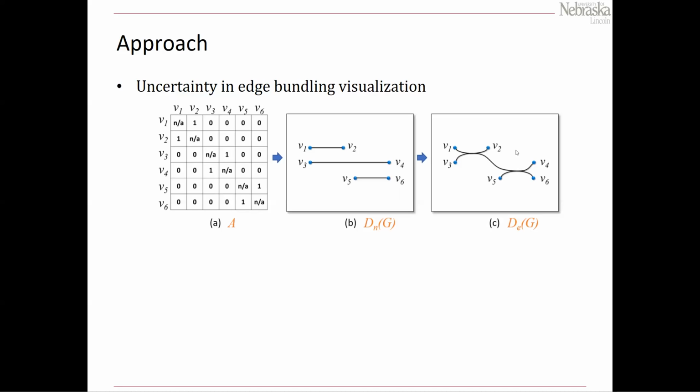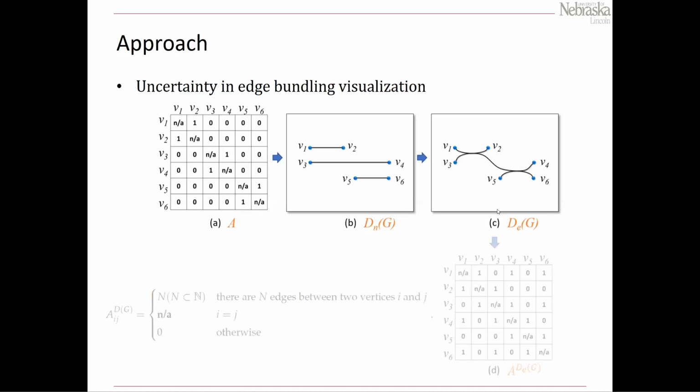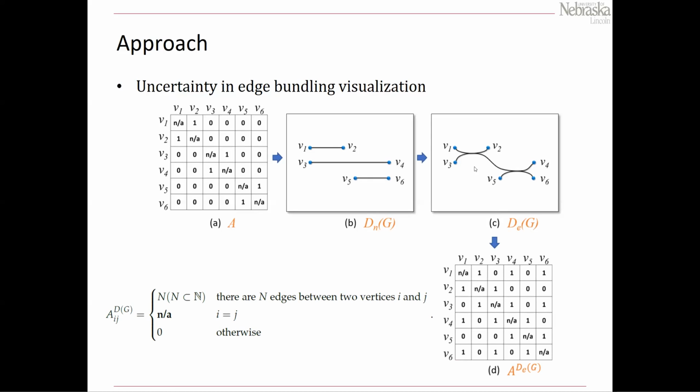From this visualization, we can count how many paths are possibly connected between two vertices. Then we can generate this matrix A based on the edge bundling result.